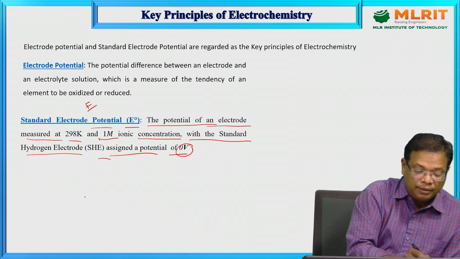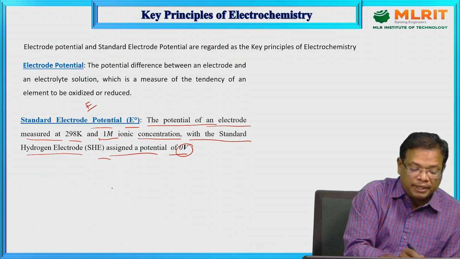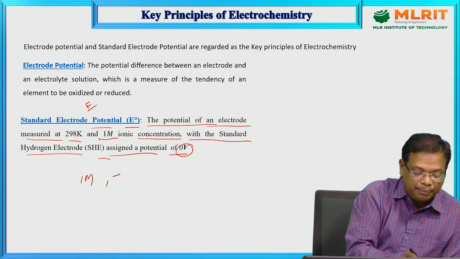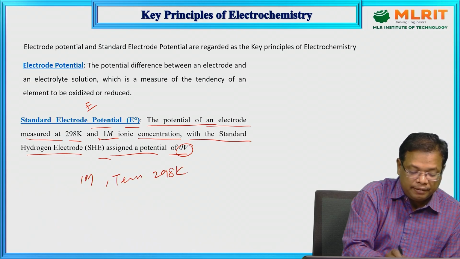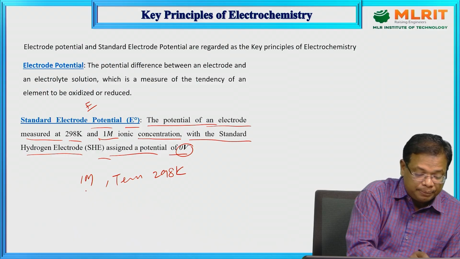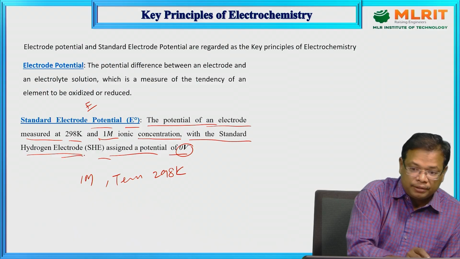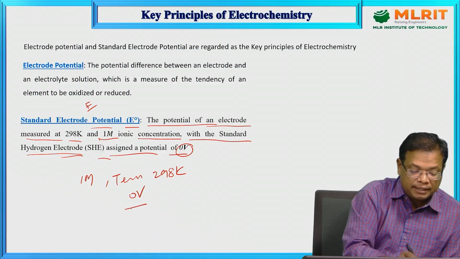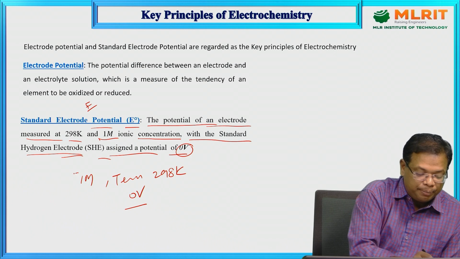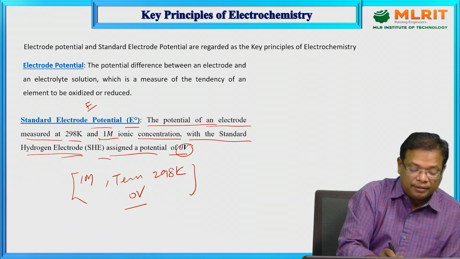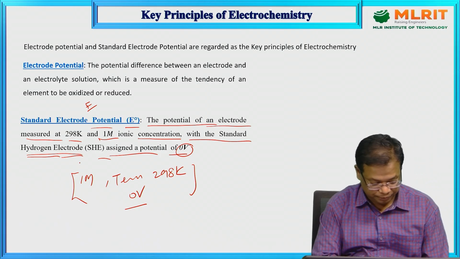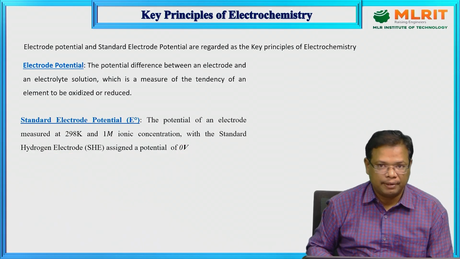So for the standard electrode potential, we have to apply the standard conditions: the solution is 1 molar and the temperature is 298 kelvins, whereas the standard hydrogen electrode potential is 0 volts. Under these conditions, you can measure any electrode with this reference, which is called the standard hydrogen electrode. We will discuss this even more further on.